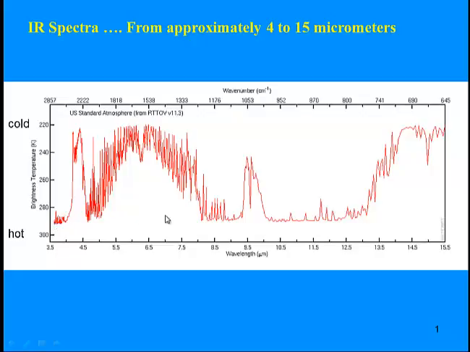Standard atmosphere has a surface temperature around, say, 288, 290 Kelvin, and you'll notice that at some wavelengths you are seeing all the way down to the surface, but there are some other regions where, because of absorption by different kinds of gases, you have cooler temperatures.